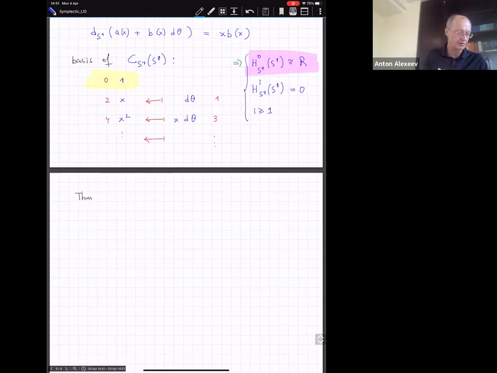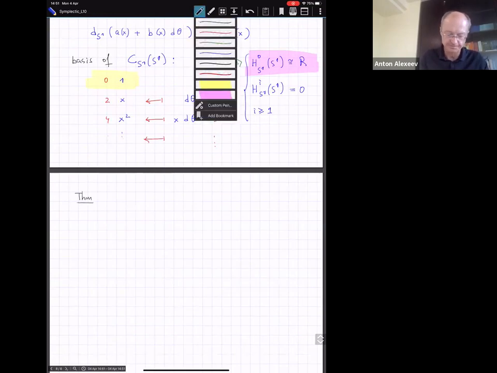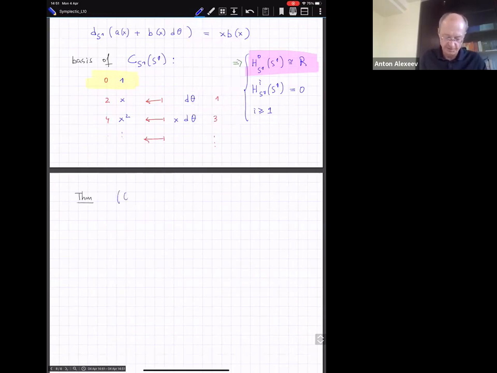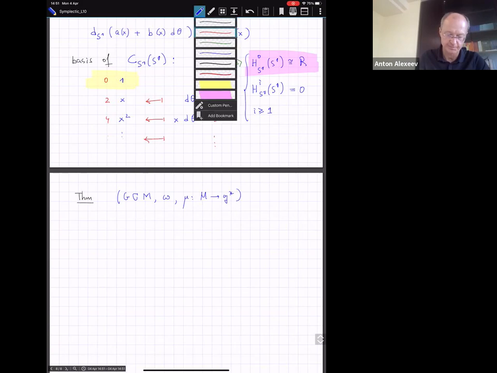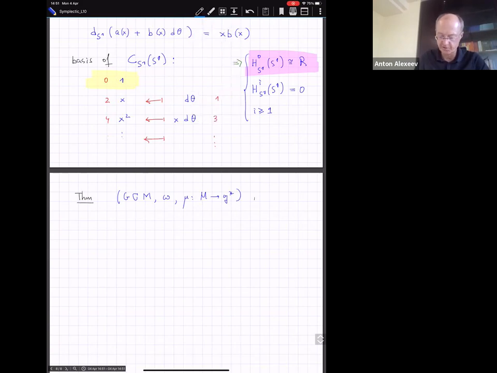So here is a simple and important theorem. Suppose that G acting on M, omega and mu from M to G star is a Hamiltonian G space.